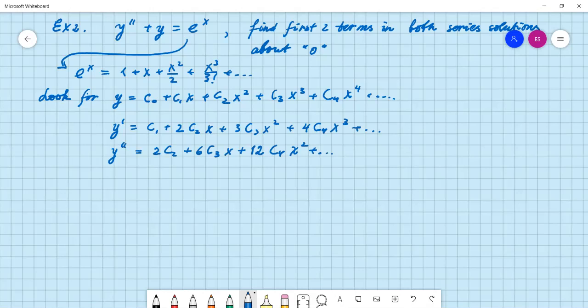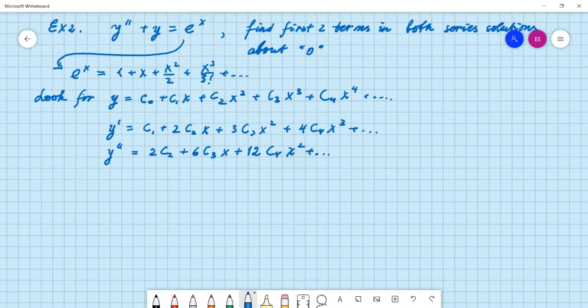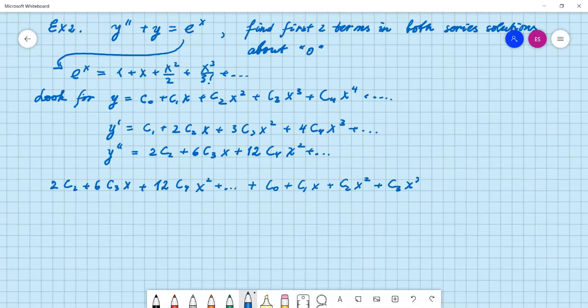Okay, now I'm going to plug my second derivative, my function, and my exponential function into my equation. So 2c2 plus 6c3x plus 12c4x squared plus some other terms, plus the actual series, original c0, c1x, c2x squared, c3x cubed plus some other terms, equals the exponential function 1 plus x squared over 2 plus x cubed over 6 and some other terms.